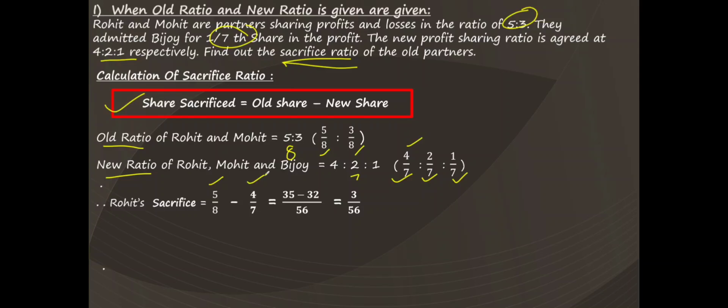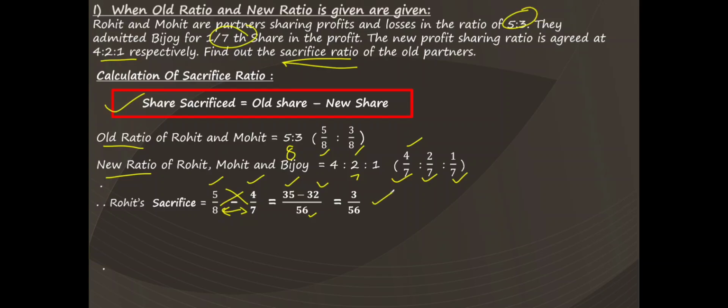Now listen here, if it is difficult to calculate the LCM, a simple method to follow is to just multiply the denominators. That is 8 into 7 will be 56. Then cross multiply: 5 sevens are 35, 8 fours are 32. Subtract it, we will get 3 by 56.